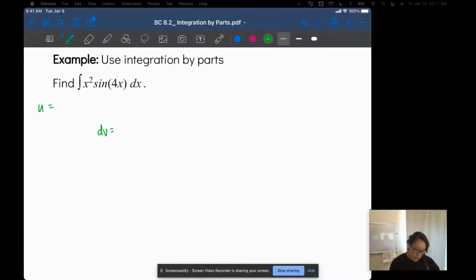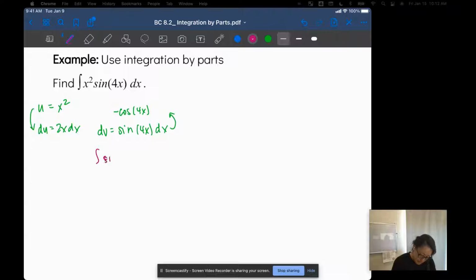We're going to find the integral of x squared sine of 4x dx, and I am going to assign x squared as u and the sine of 4x dx as dv. So the derivative of u is equal to 2x dx, and the antiderivative of dv would be the integral of sine, which is negative cosine of 4x, but remember that I'm just going to do it under here.